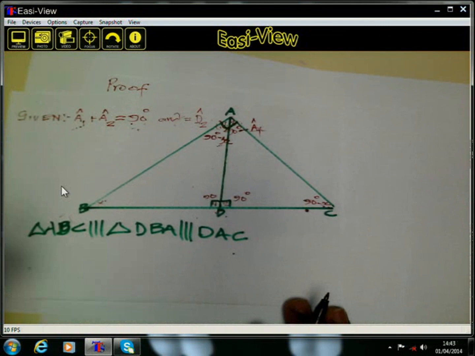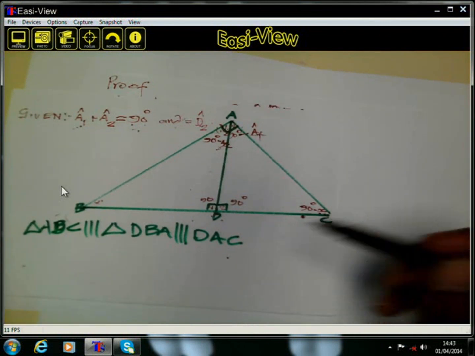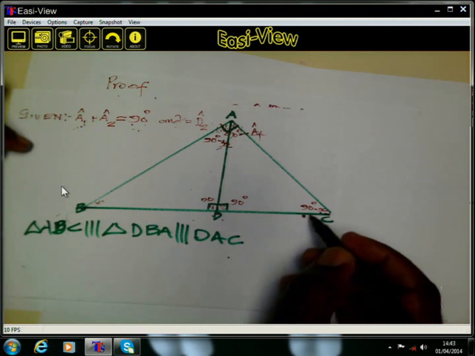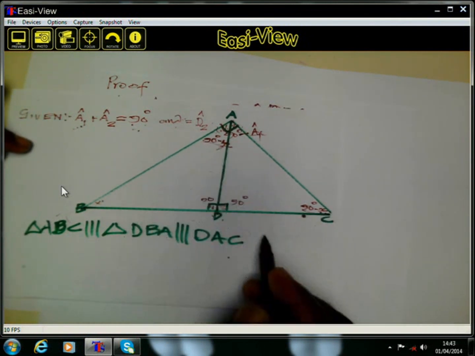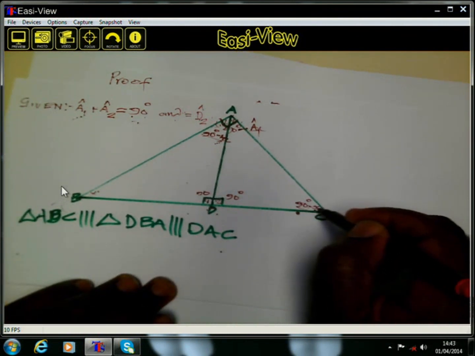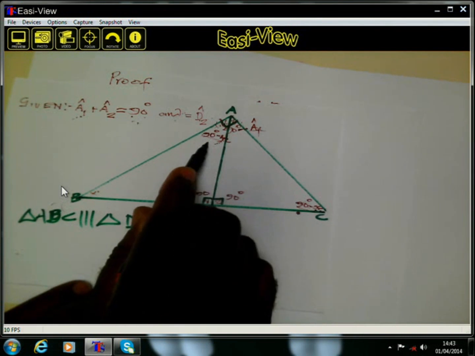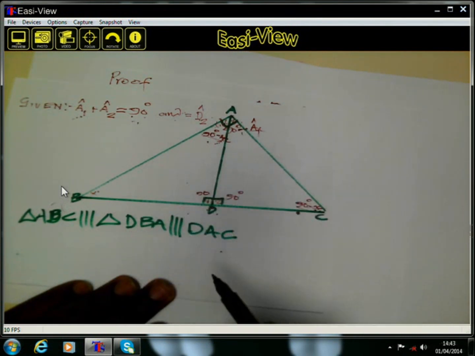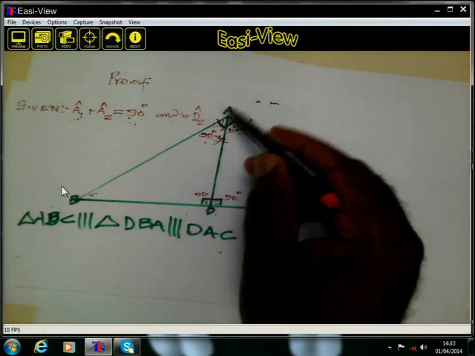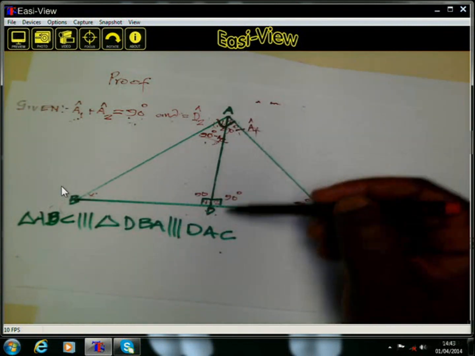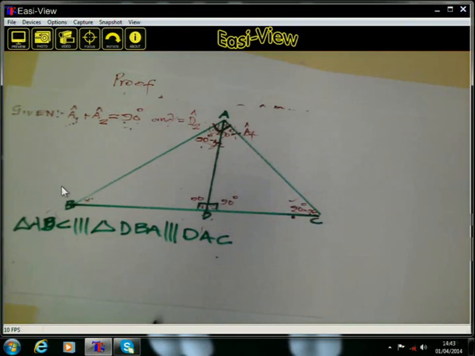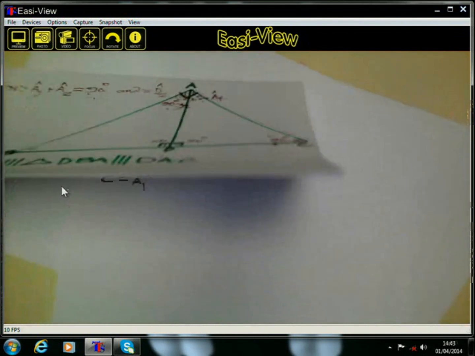I want you to be convinced that this angle is indeed equal to that, because this one will be, in terms of X, 90 minus X, and that one will also be 90 minus X. So, comparing triangle ABC with triangle BDA, this angle must be equal to that.